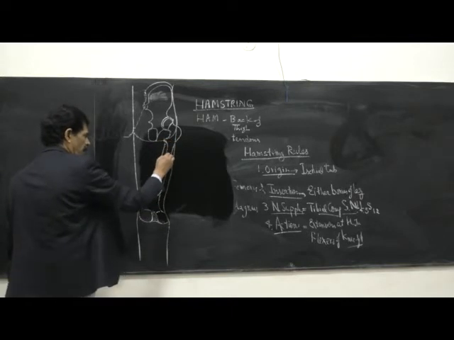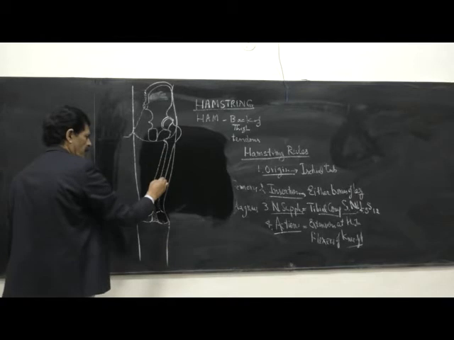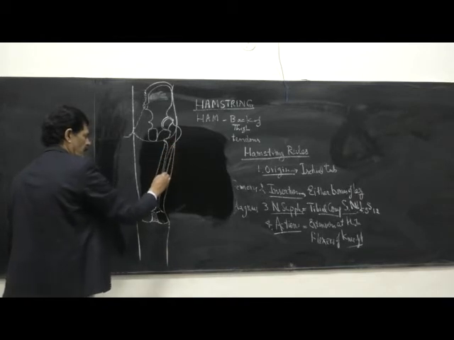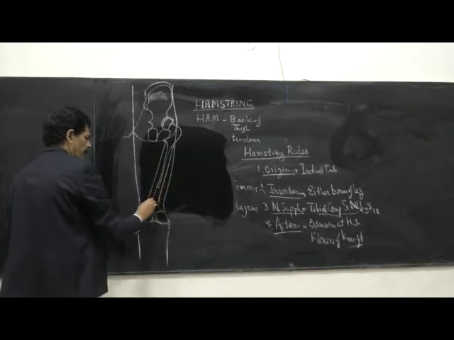Behind here lies the linea aspera, or the posterior border of the femur, and below it is continued as the medial supracondylar line and the lateral supracondylar line, and in between there lies the smooth popliteal surface of the femur, where no muscle is attached.